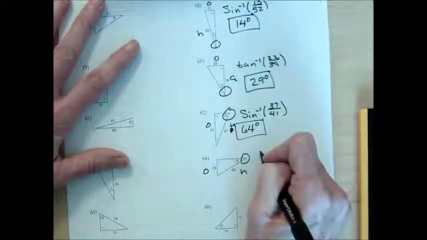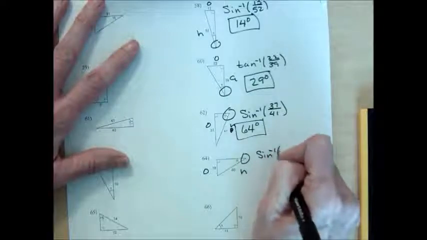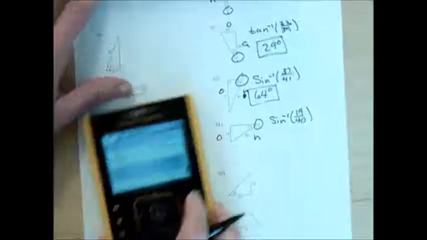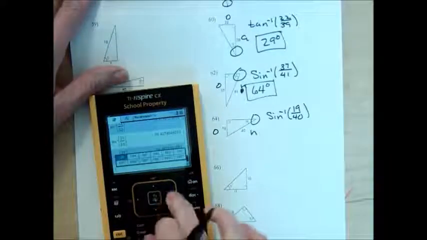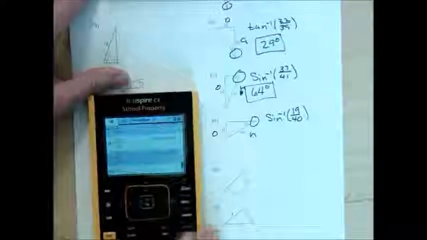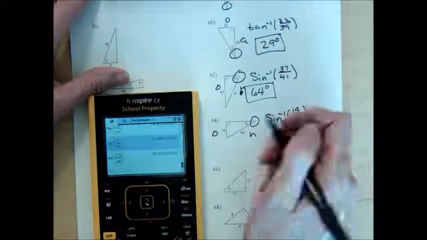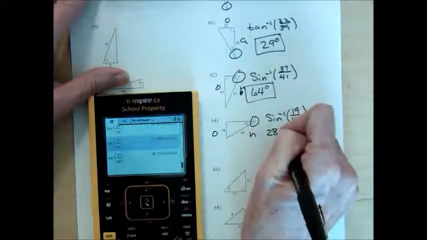Opposite and hypotenuse is sine, the sine inverse of 19 over 40. 28 degrees.